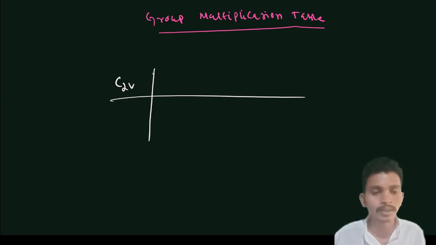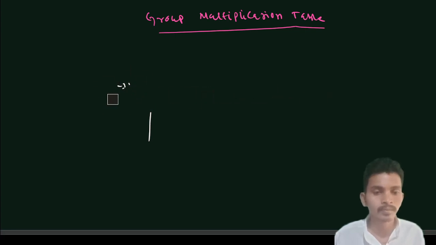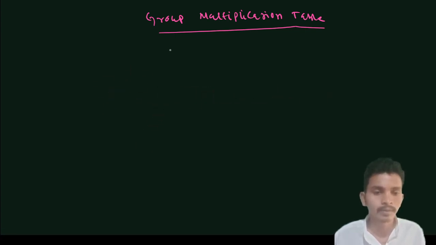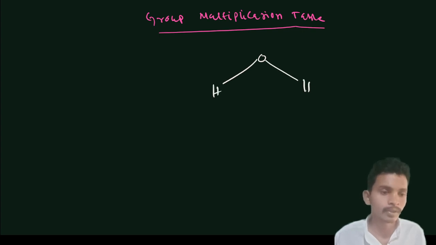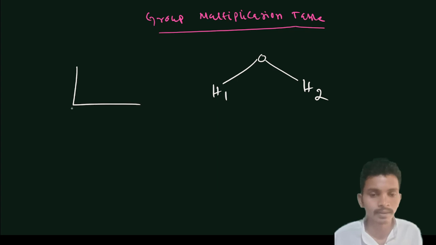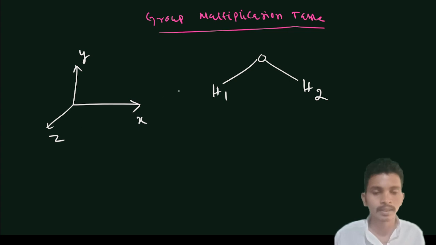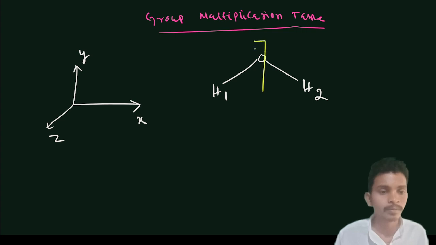So C2B, water molecule you will take because it is simple to do. So I take the water molecule and I'm taking the axes. This is the y-axis, this is the x-axis, and this is the z-axis. Okay, so I apply the planes here.